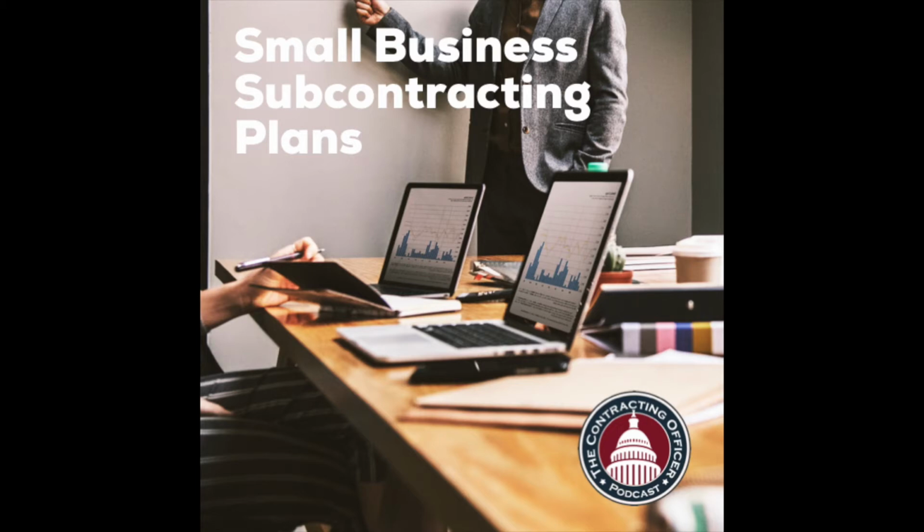So all of the types of small businesses that the FAR calls out, if you get a contract greater than $250,000, you have to agree that all these types of small businesses will have the maximum practicable opportunity to participate in contract performance consistent with its efficient performance.